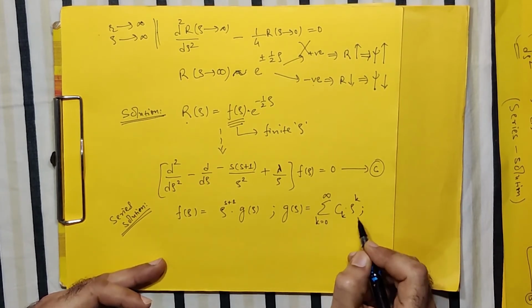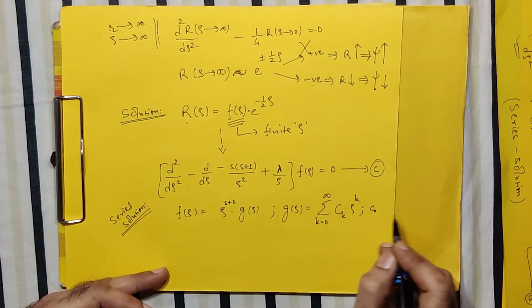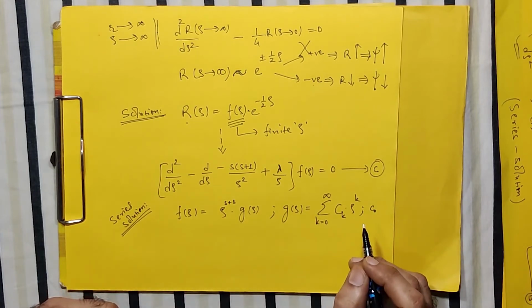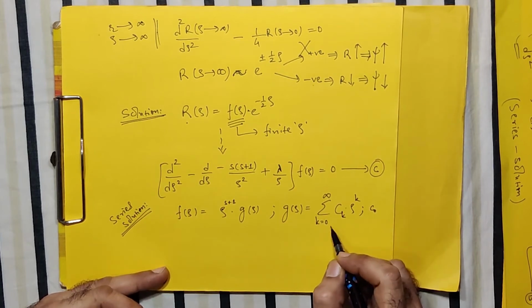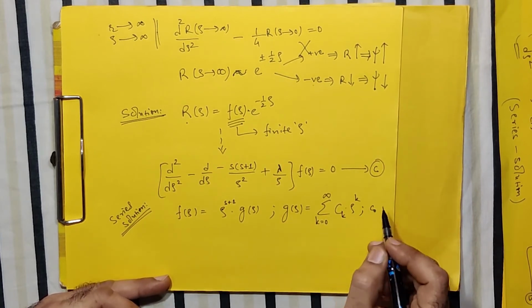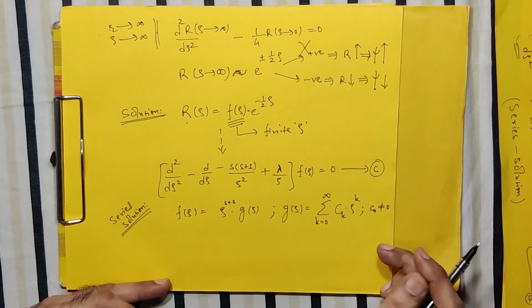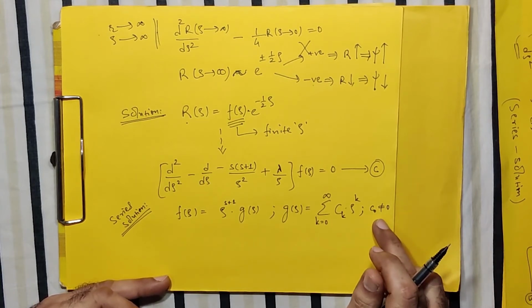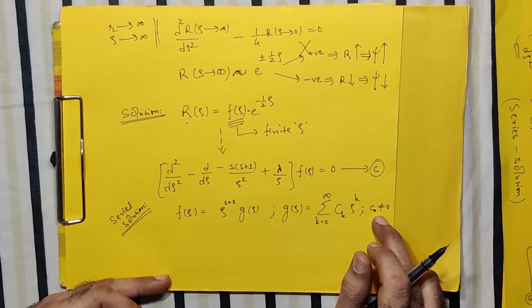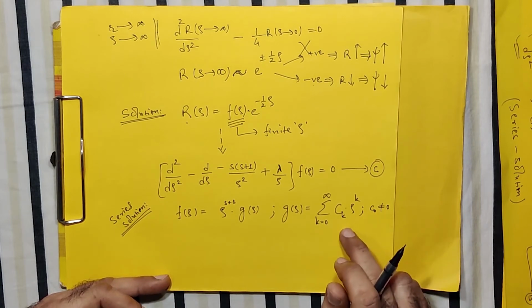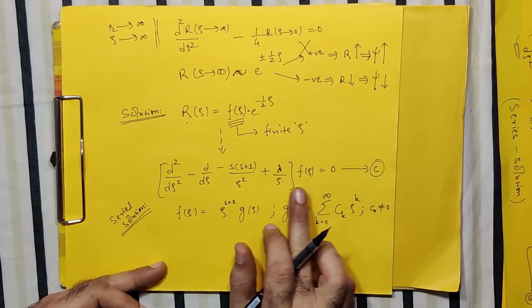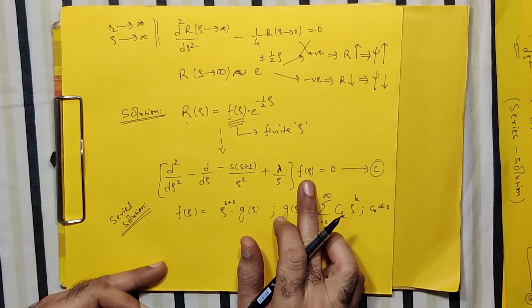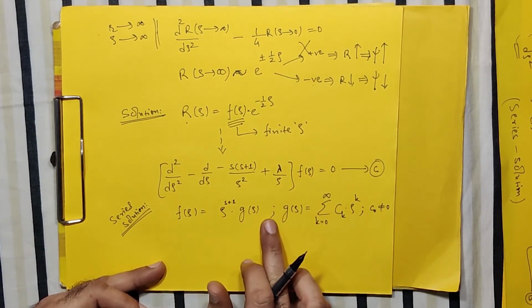And of course, in order to produce this series, at least for the first member of the series, the lowest power of k, which is 0, the coefficient of that term should not be 0. To initiate the series, the first coefficient should be non-zero, and then we will just go on putting this. So we assume that the series representing my function f can be written like this.